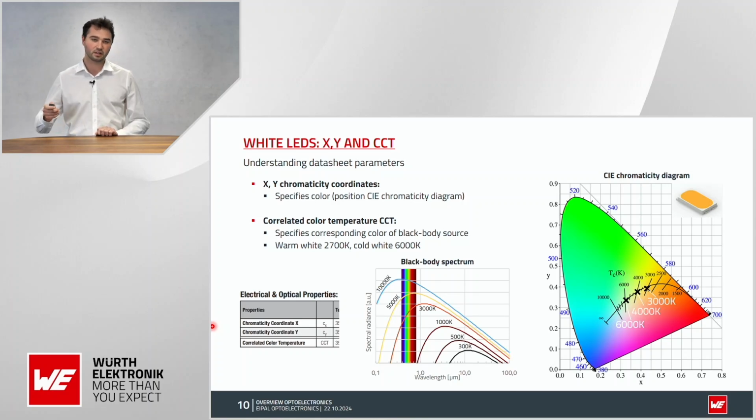There is an effect that any body that has a temperature emits electromagnetic radiation. And depending on the temperature of your object, you have a different amount of radiation. This is shown here in the black body spectrum.